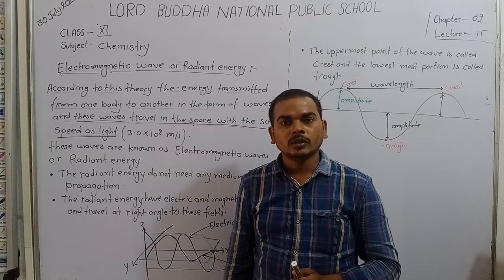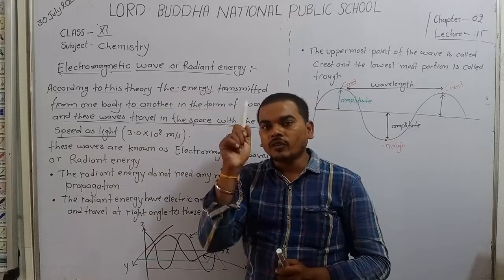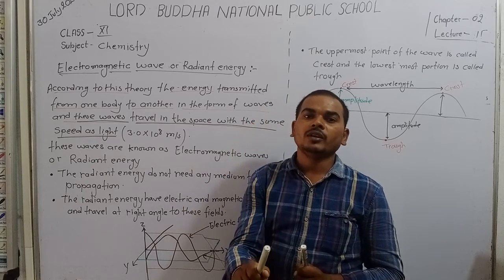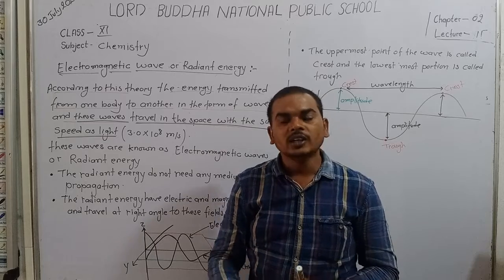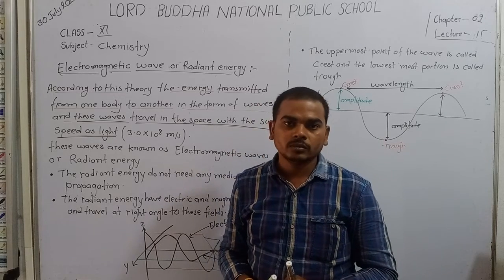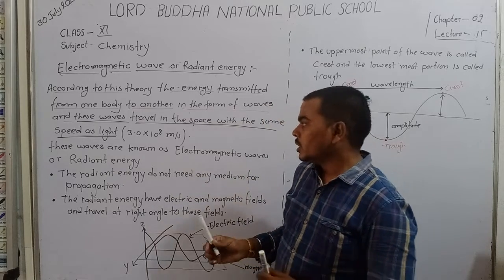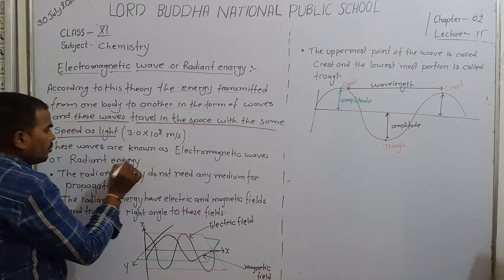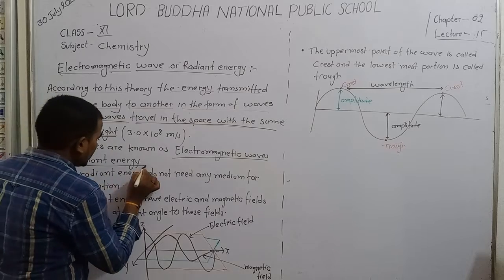In space, all waves of radiation travel with the same speed, the speed of light, equal to 3.0 times 10 to the power 8 meters per second. Always remember that. Dear students, these waves are known as electromagnetic waves or radiant energy.